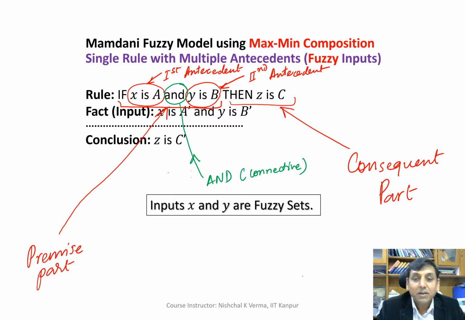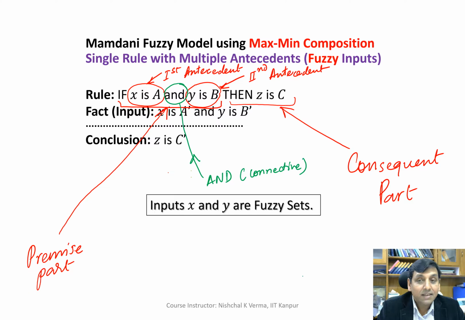Now what happens when we apply the inputs x and y to this model? What is the kind of output that it generates? There can be two scenarios. The first scenario is that x, y can be the fuzzy inputs, as we have seen in the previous case.